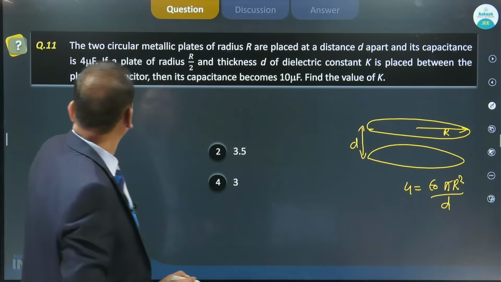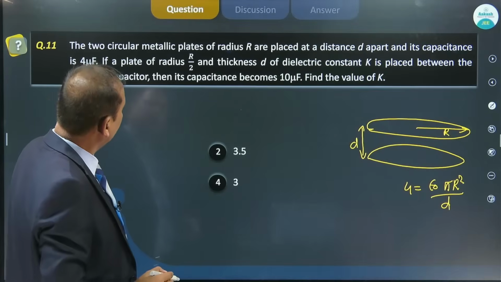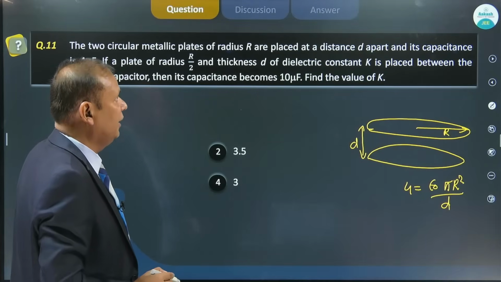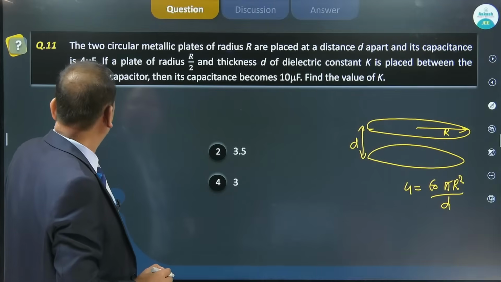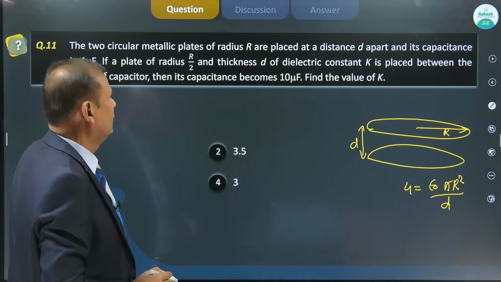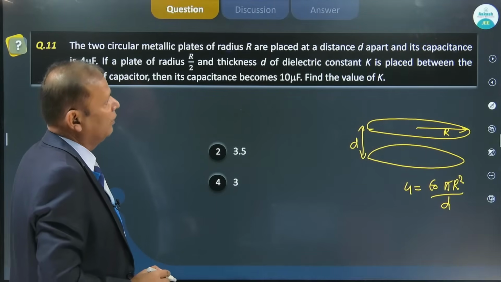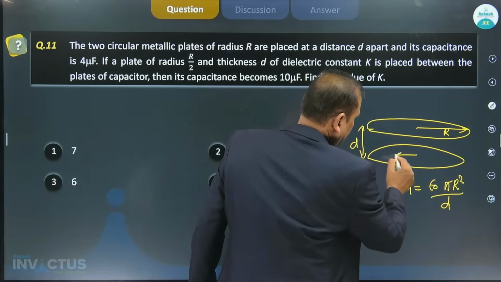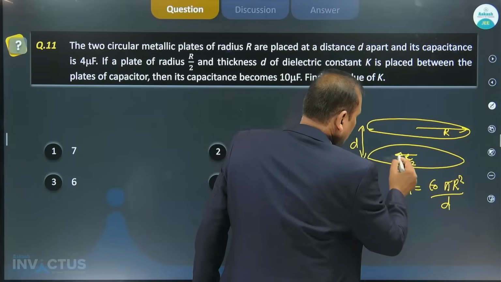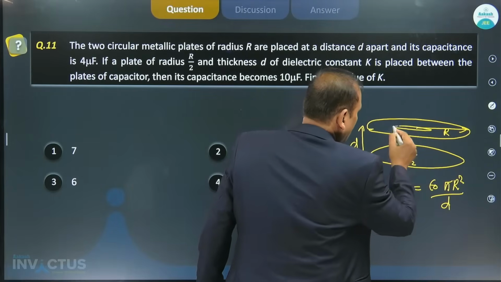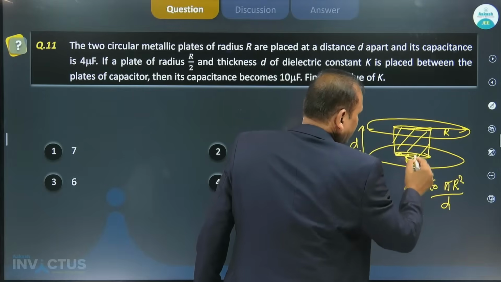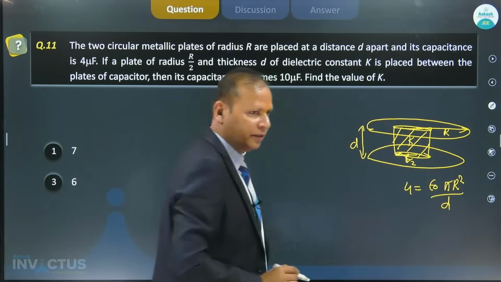Now, if a plate of radius r by 2 and thickness d of dielectric constant k is placed between the plates of the capacitor, then capacitance will become 10 microfarad. So, what they are doing here, radius r by 2, this place is filled with dielectric constant k.